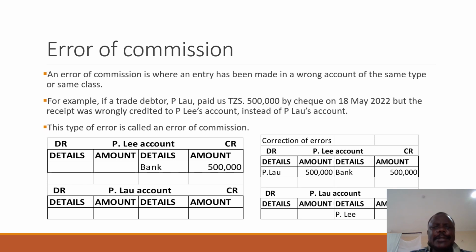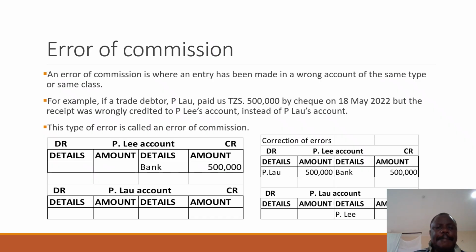Error of commission is where an entry has been made in a wrong account of the same type or the same class. For example, if trade debtor P Lau paid us 500,000 by cheque, but the receipt was wrongly credited to P Lee account instead of P Lau account.